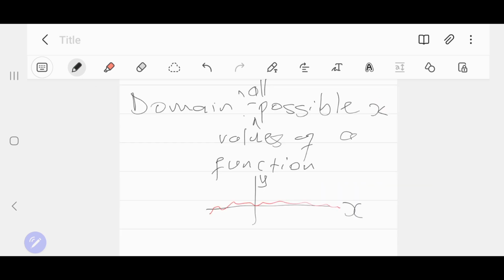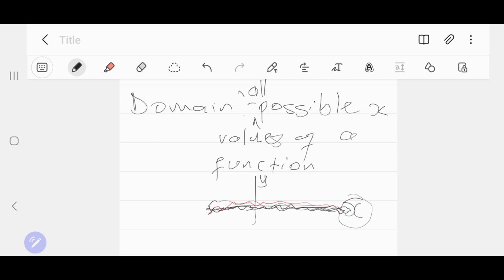We study these, people, because we have different types of functions that have different behaviors and different characteristics. Not all of them have values that make sense along our x-axis.